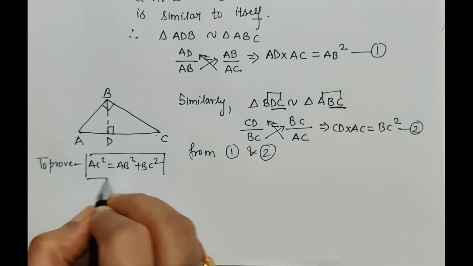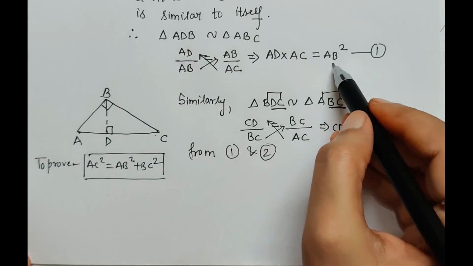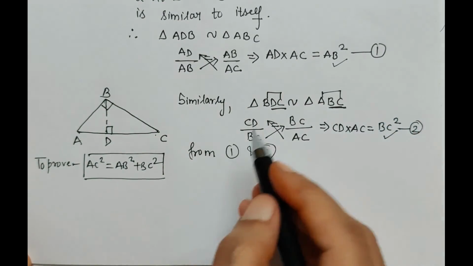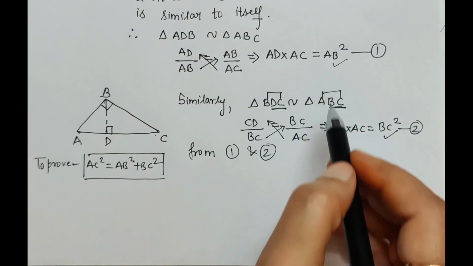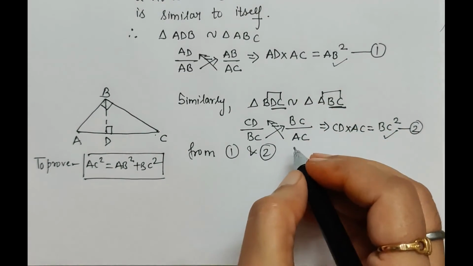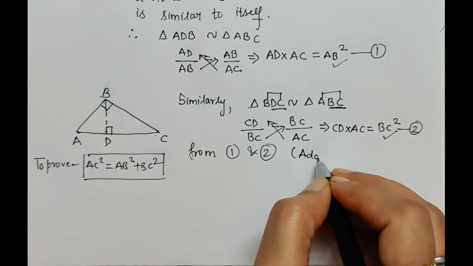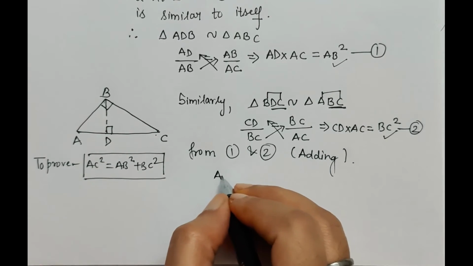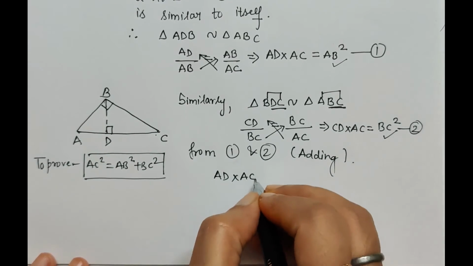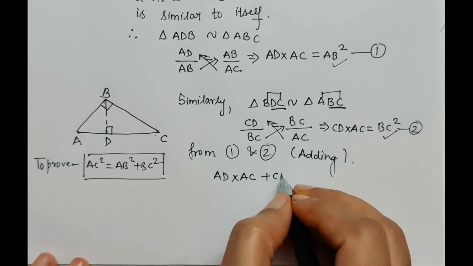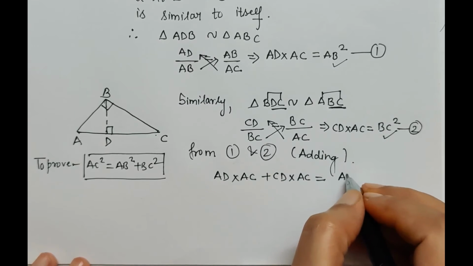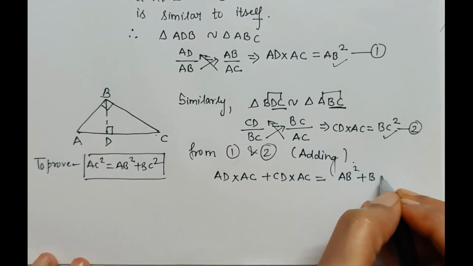This was our target. Here we can see AB square is on the right hand side in one equation and BC square in the other, which are to be added. That gives us the hint of adding both equations. So we are adding equations 1 and 2, and we get AD into AC plus CD into AC is equal to AB square plus BC square.